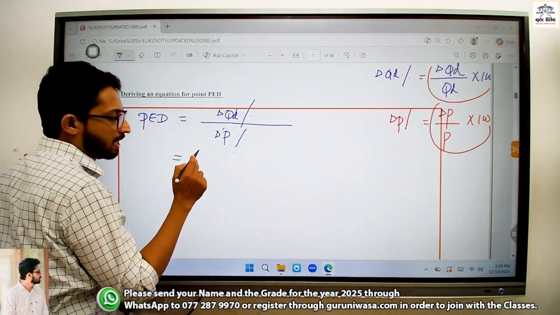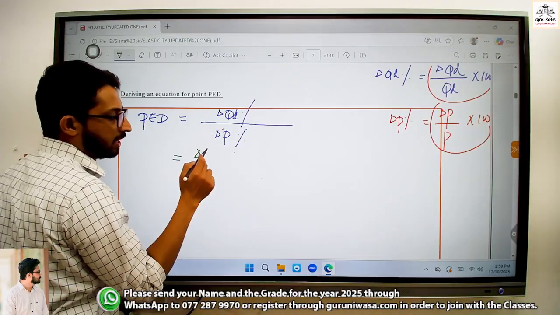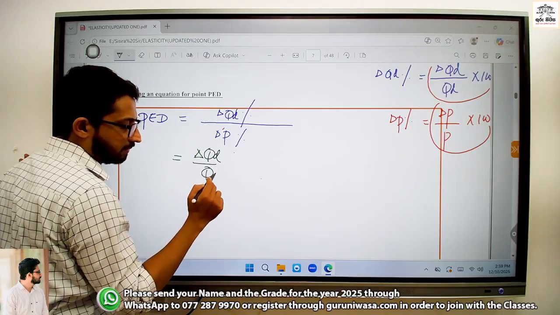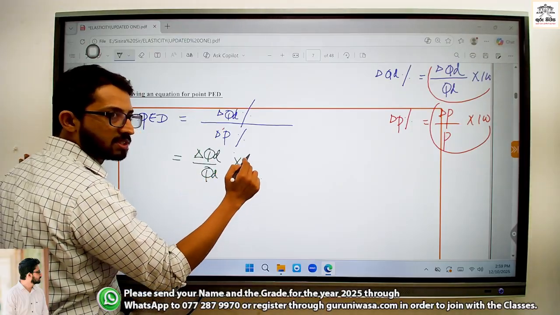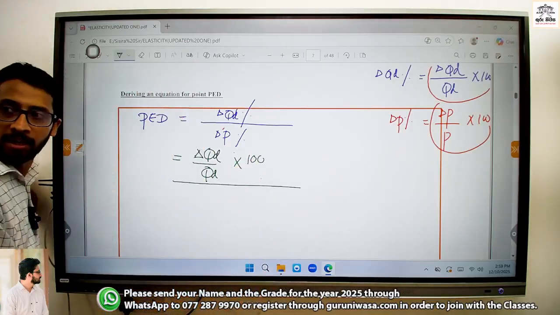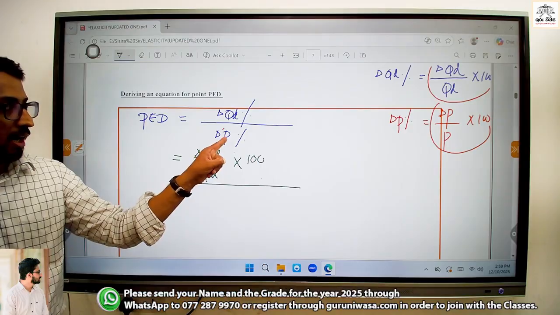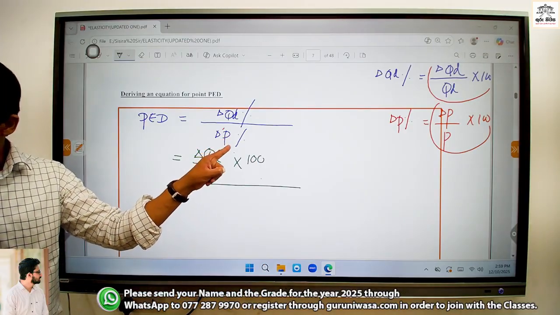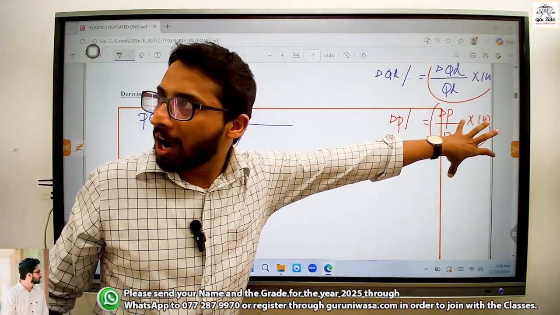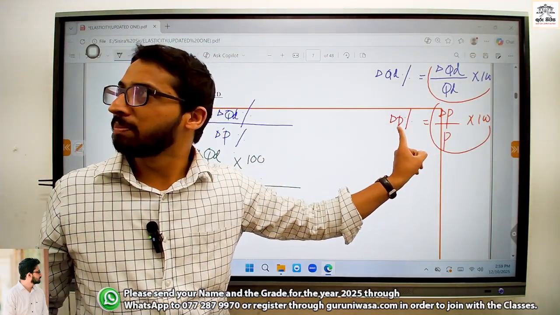I'm going to substitute: delta QD over QD into 100, divided by the percentage change in price. I'm going to substitute this part instead of percentage change in price.